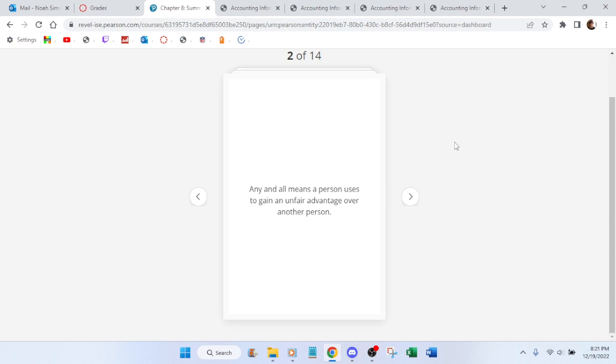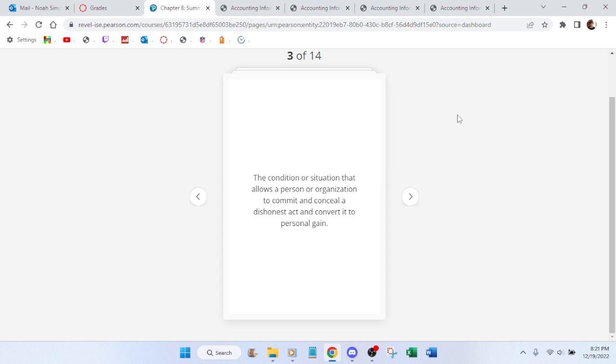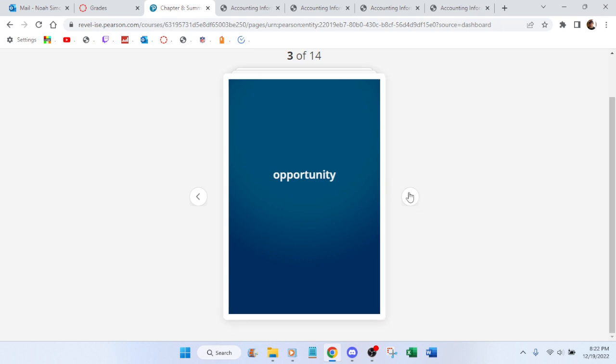Any and all means a person uses to gain an unfair advantage over another person: fraud. The condition or situation that allows a person or organization to commit and conceal a dishonest act and convert it to personal gain: opportunity.